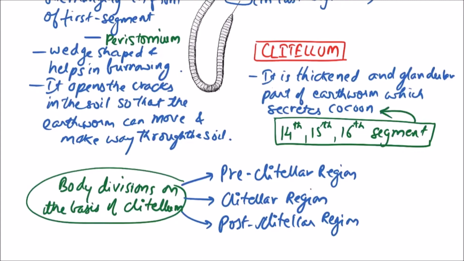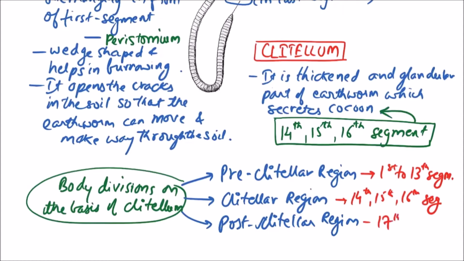The preclitellar region constitutes first to 13th segment. Clitellar region 14th, 15th and 16th segments, while 17th segment and onwards up to the anus or last segment of the body constitute the postclitellar regions.